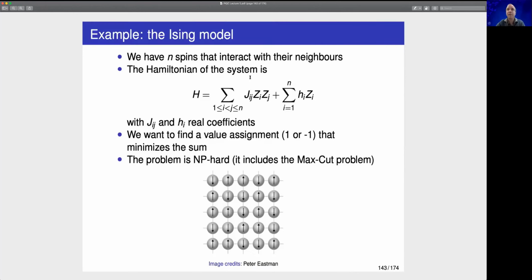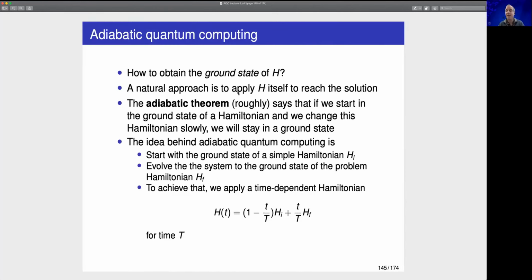This Hamiltonian here is expressing the different interactions and the different forces that are acting on these particles that we have here. So we can try to build some device that mimics this evolution, this dynamics of this Ising model. Okay, and this is what we do when we consider what we call adiabatic quantum computing.